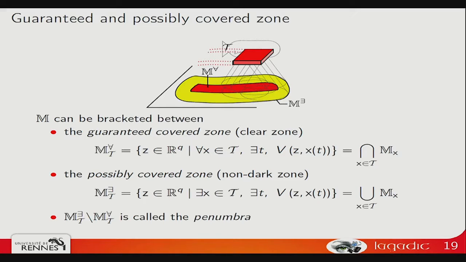The guaranteed covered zone, which we call the clear zone, is the set of points that for every feasible trajectory have been seen by the robot at least at one time. So basically, it's the intersection, for all the feasible trajectories, of their corresponding covered zones. And we have the possibly covered zone, which is the non-dark zone.